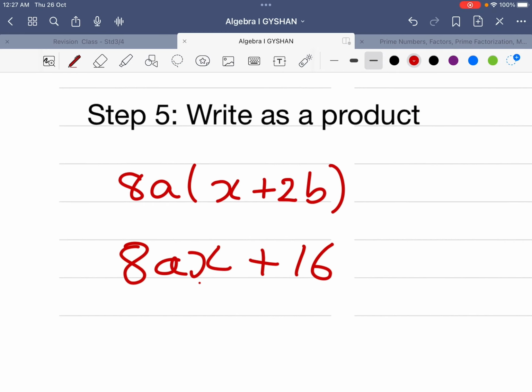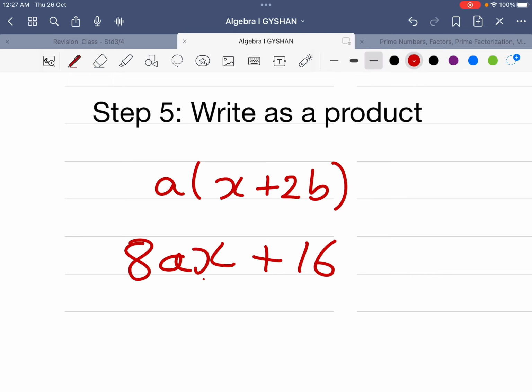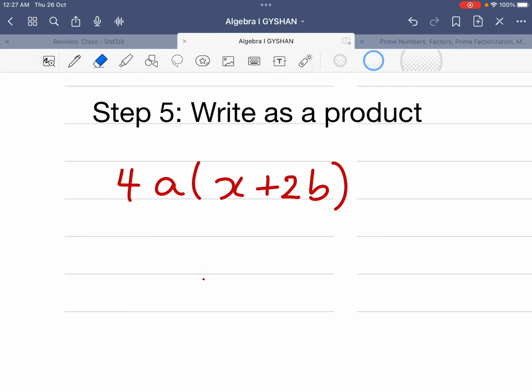I changed this here, so let me put 4. Right, so let's redo this. 4a multiplied by x, that will be 4ax.